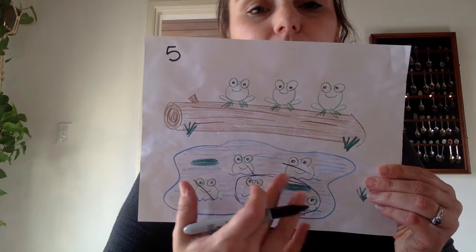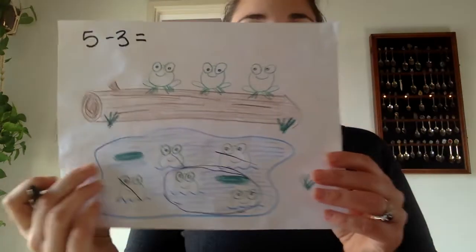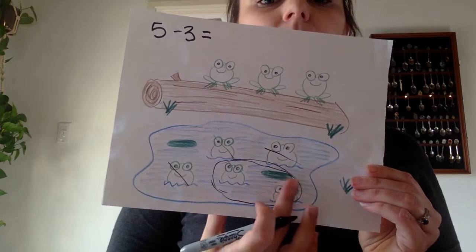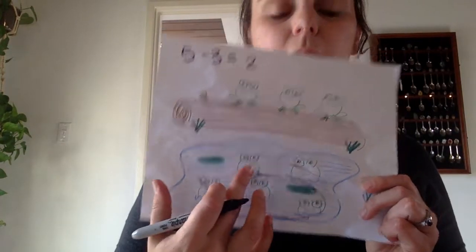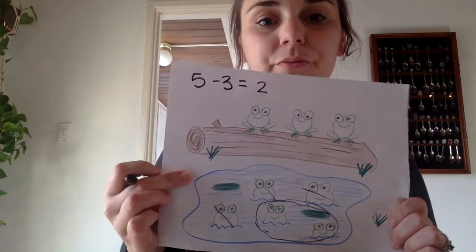Take away the 3 that match with the ones on the log. So 5 minus 3 equals how many were left over? 1 and 2. So we had 5, take away these 3, and we were left with 2.